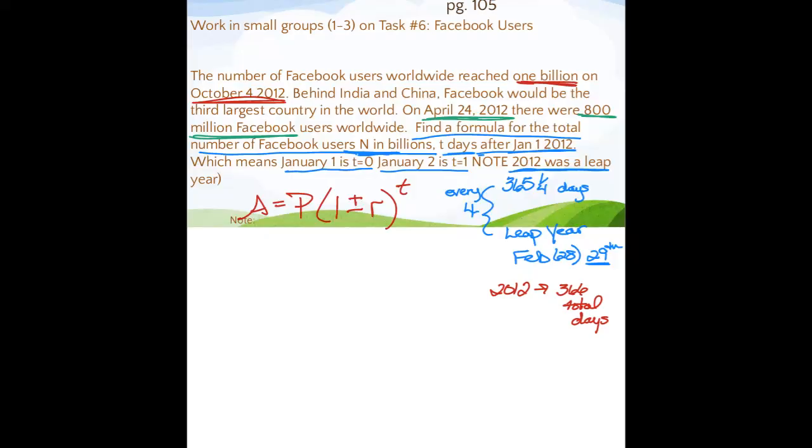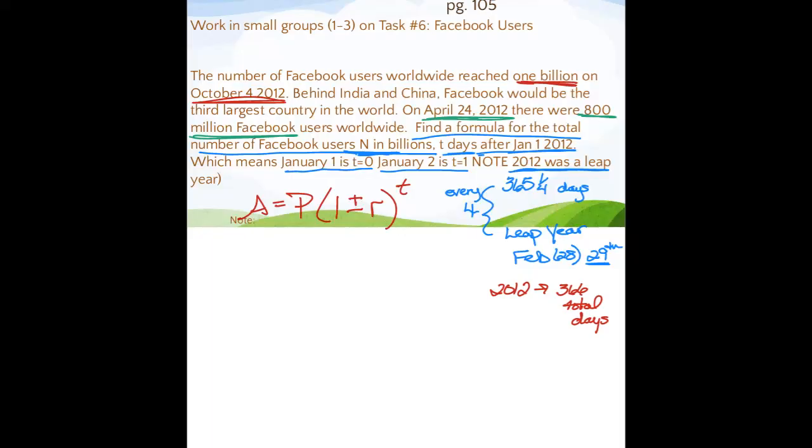Okay, so on April 24th, there were 800 million. Is that an initial amount? If we're saying that day, that is actually the final amount. So on that day, we had this many.